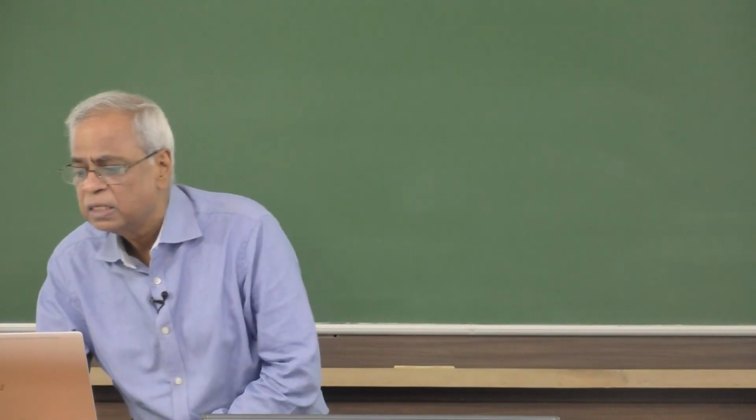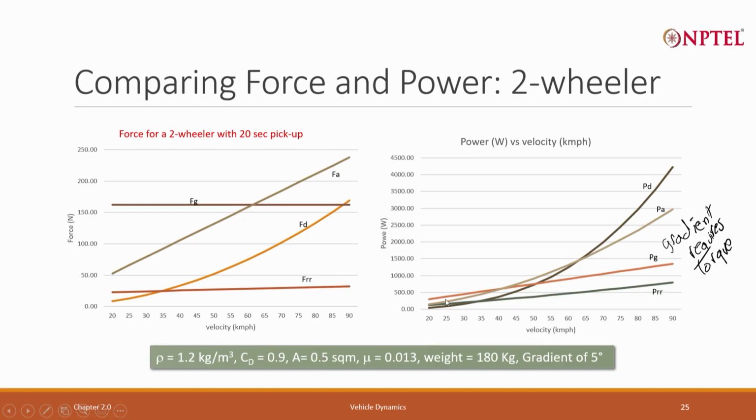If I look at speed below 25 kilometer per hour, and let us assume there is no gradient, the acceleration force is approximately 300, the drag and rolling resistance is even smaller. So, if I have a 500 watt motor, at 25 kilometer per hour I can drive quite well for the speed, including some pickup.